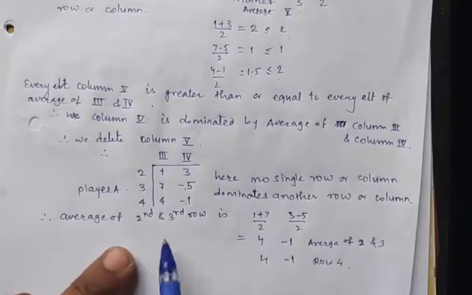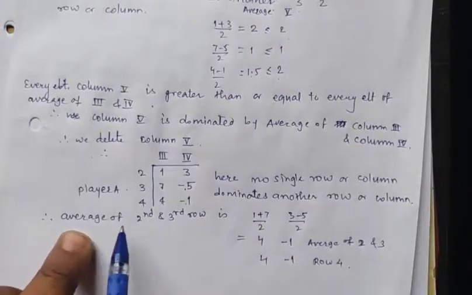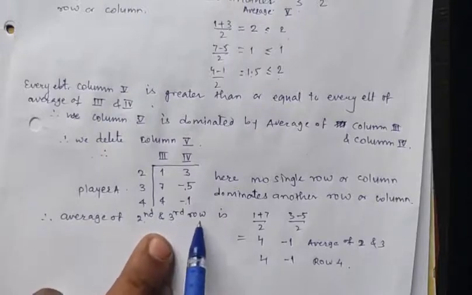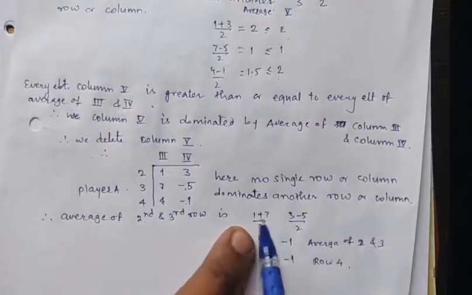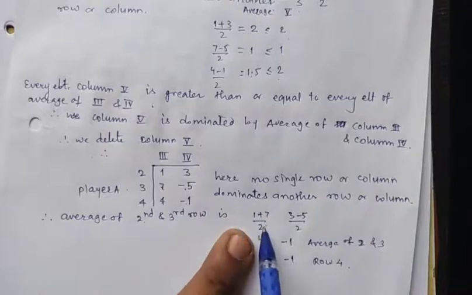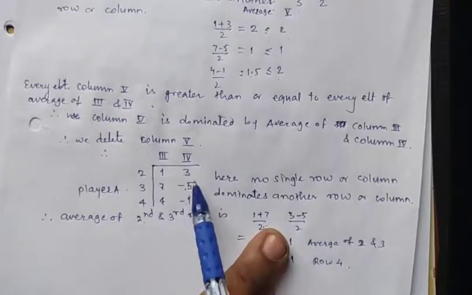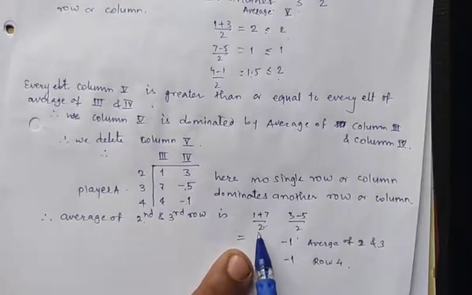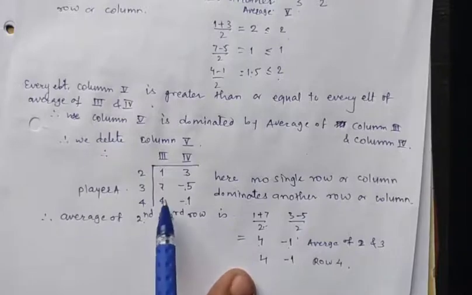So what we have done here, we have taken the second and third row. The average of the second and third row is 1 plus 7 upon 2, and 3 minus 5 upon 2. After calculating we get 4 and minus 1, and the last row is 4, minus 1.